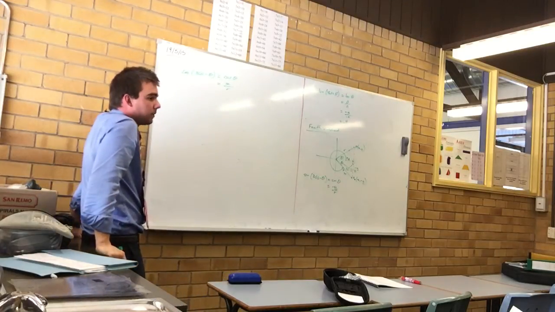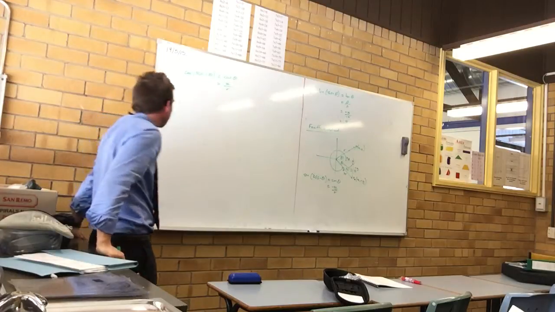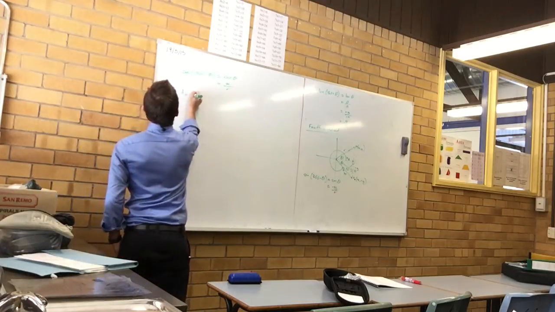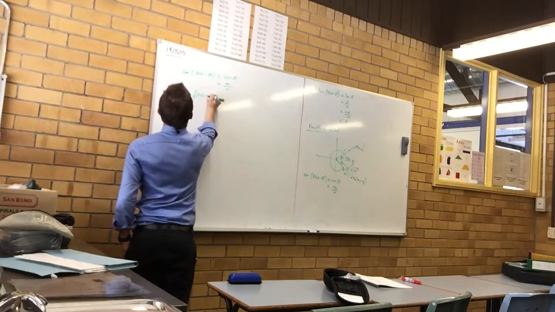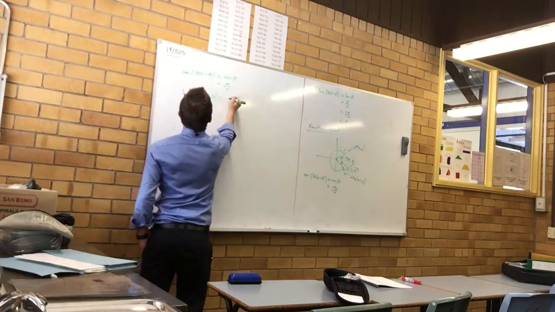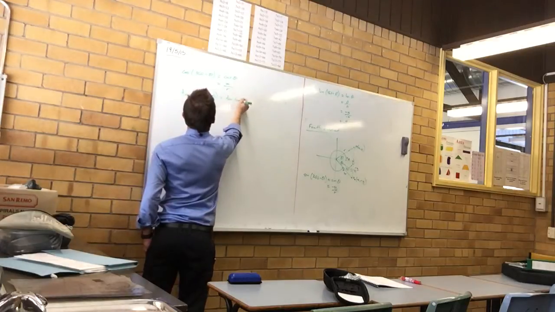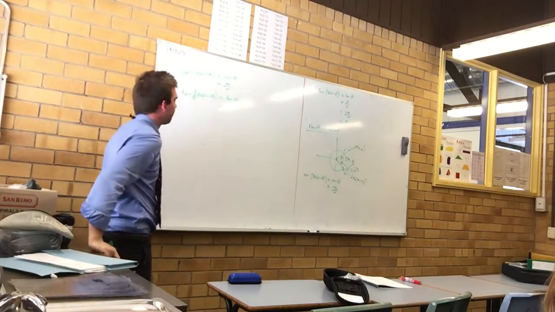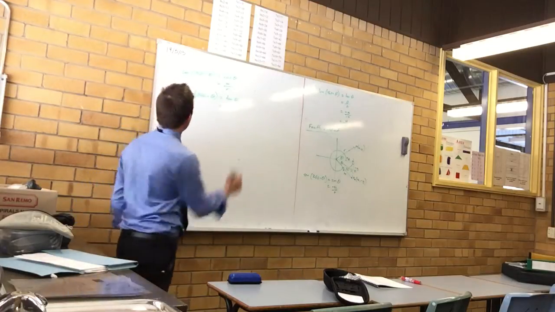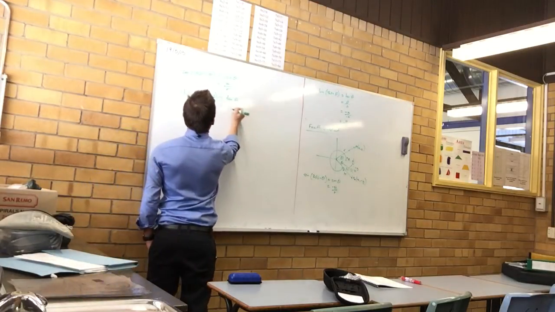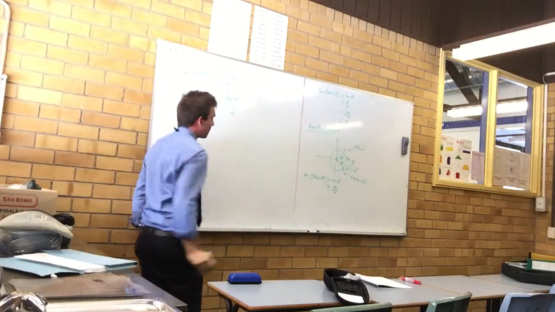So we have a positive value for cos in the fourth quadrant. Tan of 360 take away theta, which is the same as tan of theta in the fourth quadrant. So opposite over adjacent, which will be negative y on x.